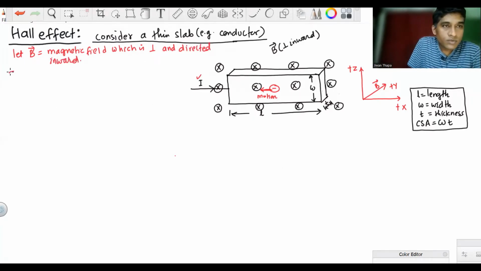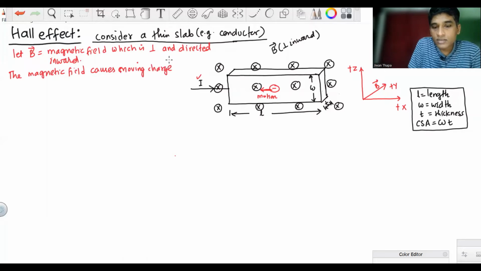So we have this, okay? Now, the magnetic field causes moving charge to deflect. That is, moving charge experiences magnetic force.